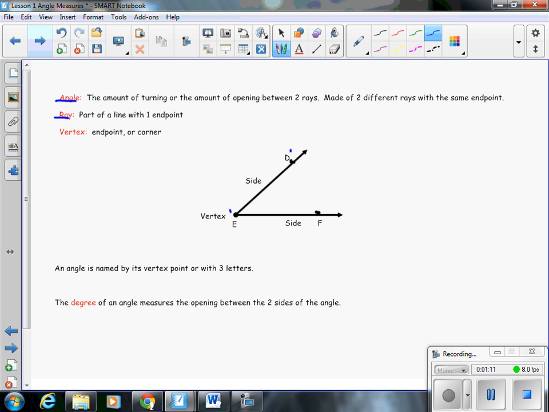Then a vertex is the endpoint or the corner. So right here is the vertex. E is labeled our vertex. An angle is named by its vertex point or with three letters. So this angle could be called, and we use this symbol, angle E for its vertex, or it could be angle DEF.